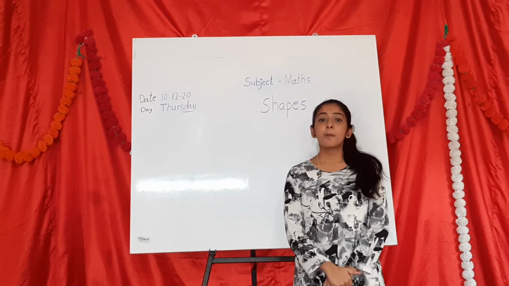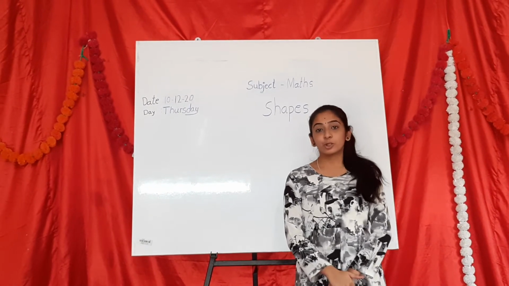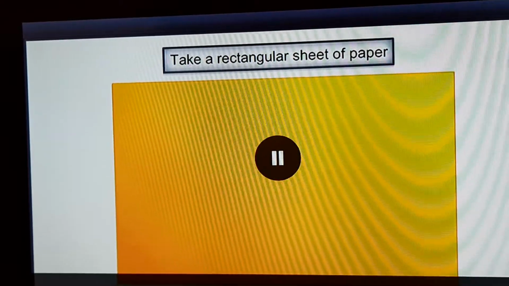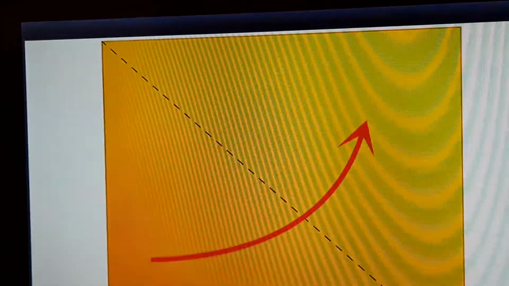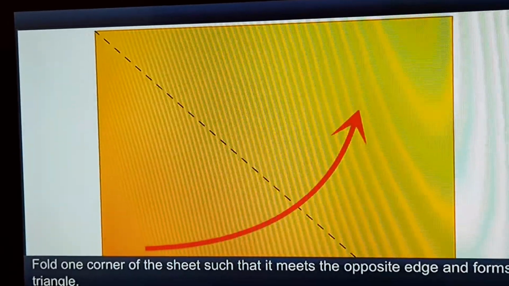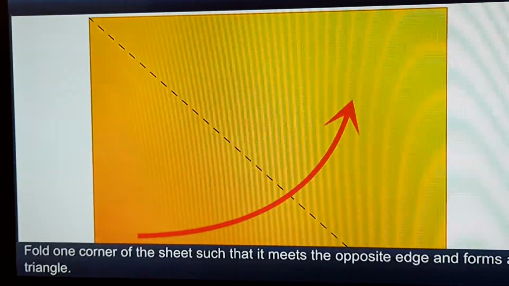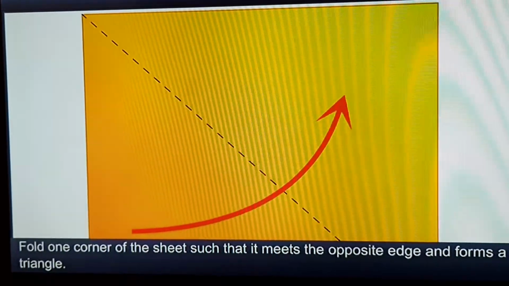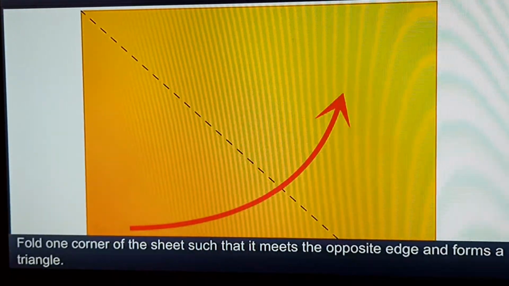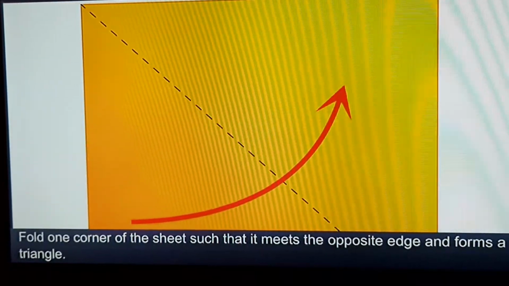Now, we will learn paper folding. Shall we go through the video? Take a rectangular sheet of paper. Fold one corner of the sheet such that it meets the opposite edge and forms a triangle.